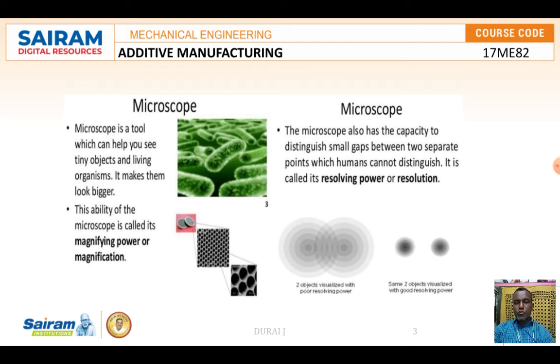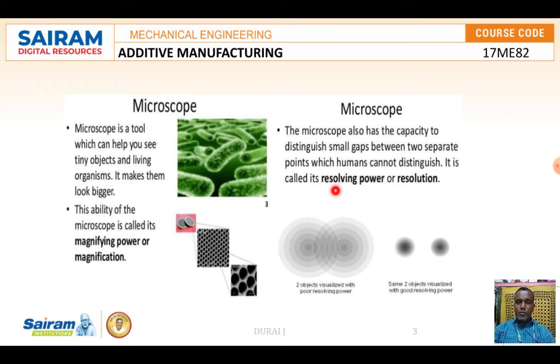This microscope also has the capacity to distinguish small gaps between two separate points which a human cannot distinguish. It is called the resolving power or resolution. The small gaps that we are not able to resolve can be distinguished with the help of this microscope.